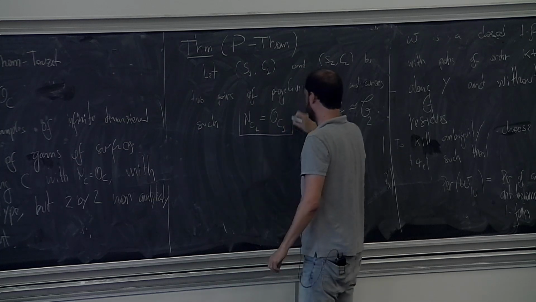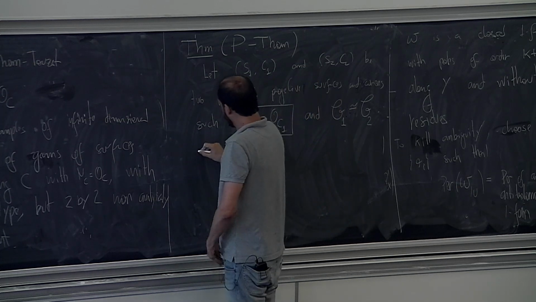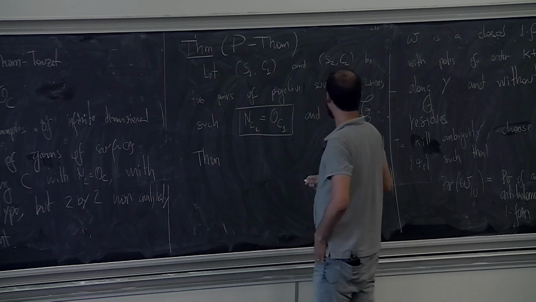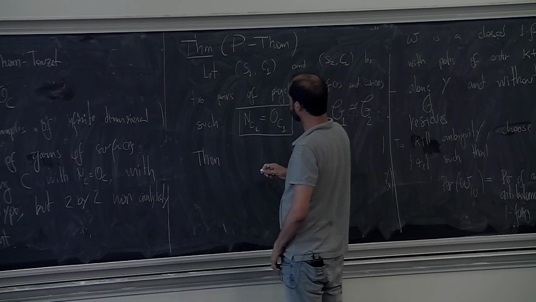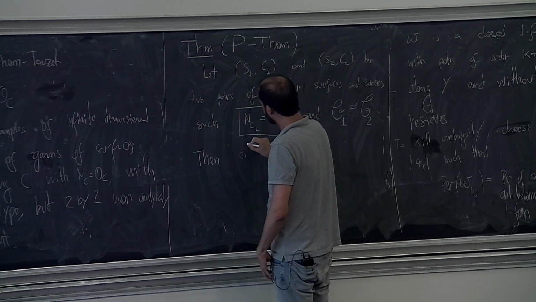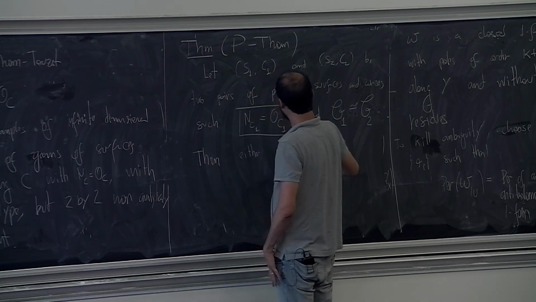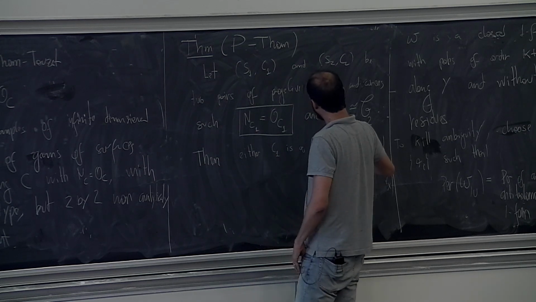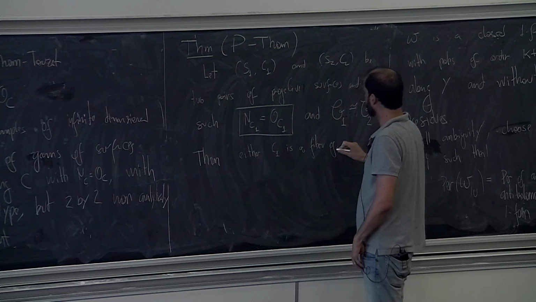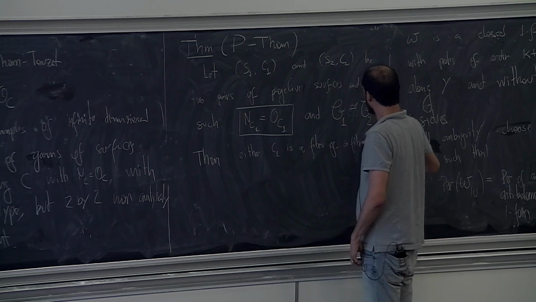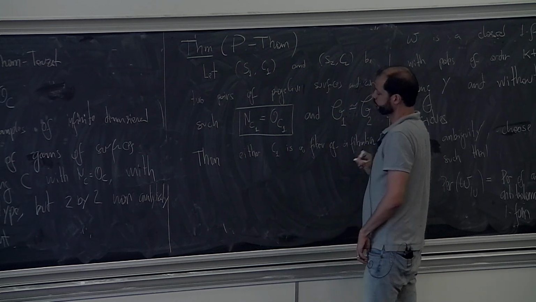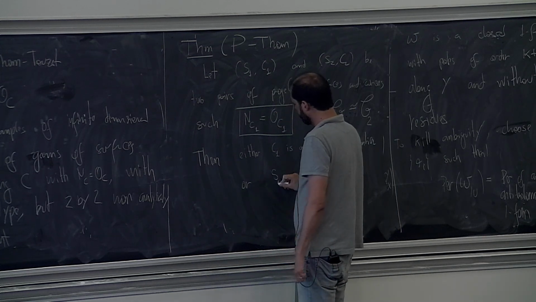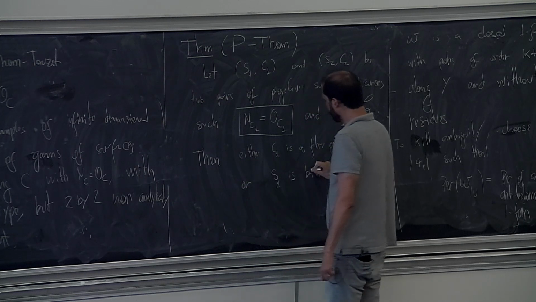And also assuming this, then either C1 is a fiber of a fibration, or S1 is birational to S2.